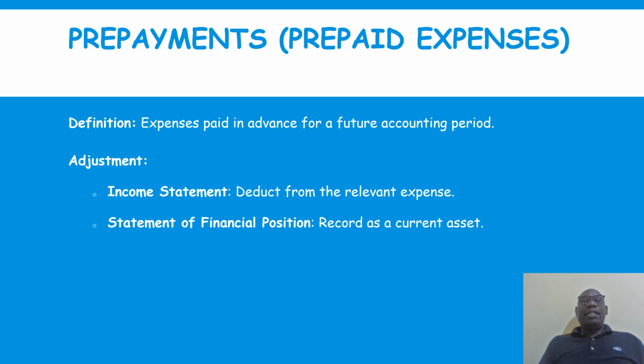We need to subtract prepaid expenses in the sense that they do not relate to a particular accounting period we are looking at. So that is the adjustment in the income statement. And then the adjustment in the statement of financial position would require us to record it as a current asset. In other words, we need to list it under the current assets in the statement of financial position.